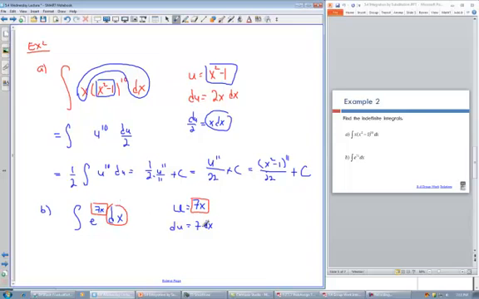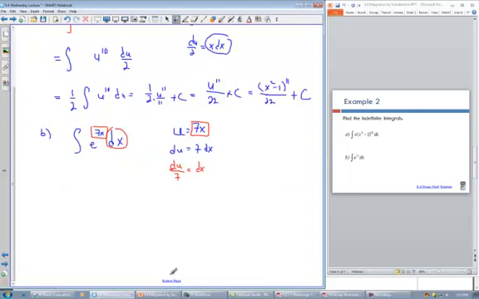And I don't have dx over here. I have 7 dx, but that's okay because I can move over the 7. I can just divide both sides by 7. So du over 7 is dx. And I can just plug in here. So this is equal to the integral of e to the u, because that's 7x, and then dx is du over 7. The easiest way to integrate this is just pull out the 1/7. You divide by 7, it's the same as multiplying by 1/7.